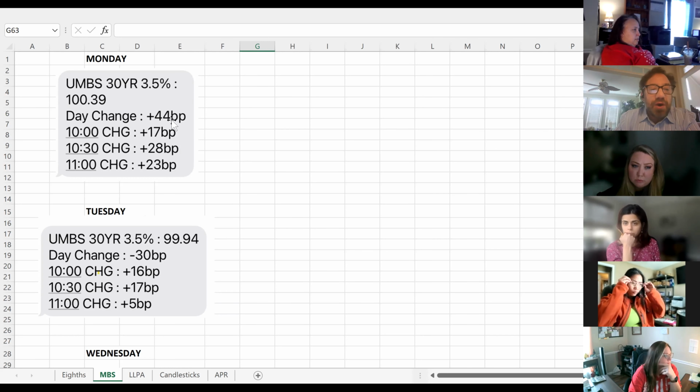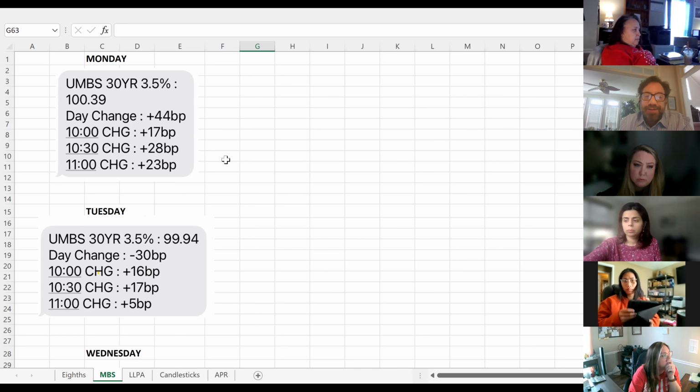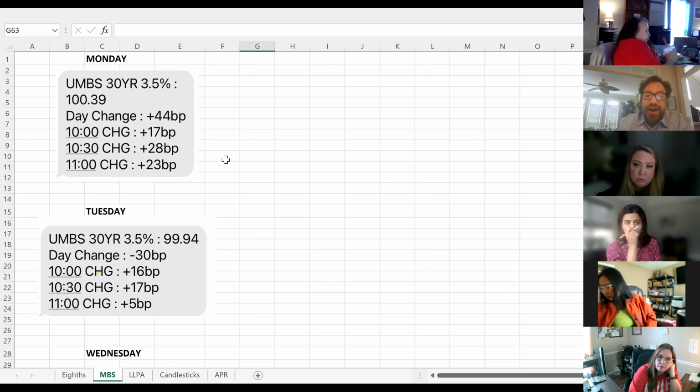But here's the thing. The up 44 is great, we're high-fiving, but that's not the most important thing. I'm looking at my rates from earlier today, and I'm wondering what's going to happen tomorrow and how the market is affecting my rates.